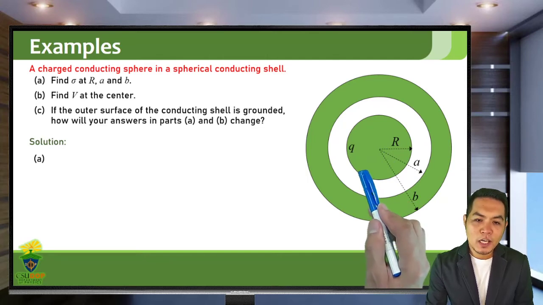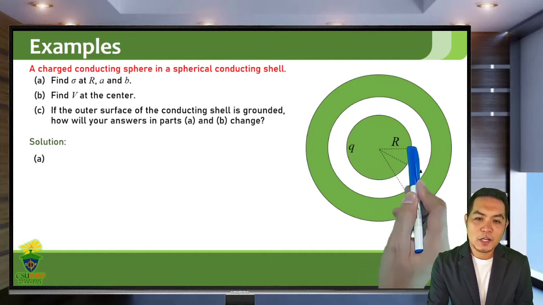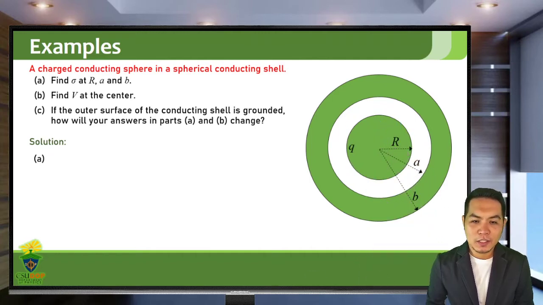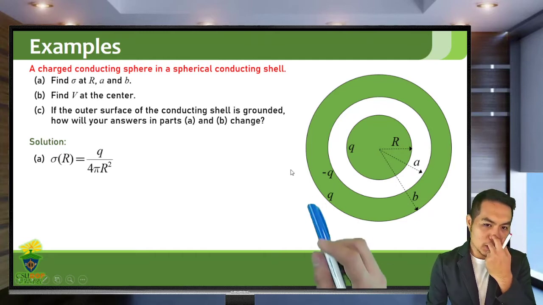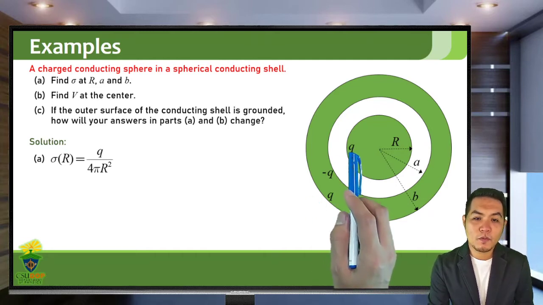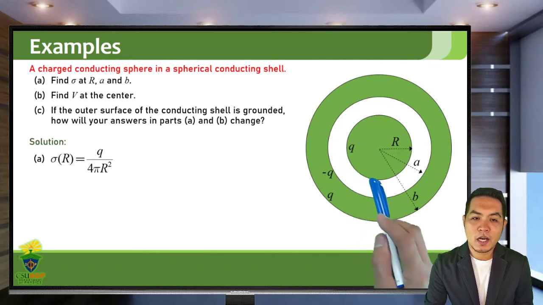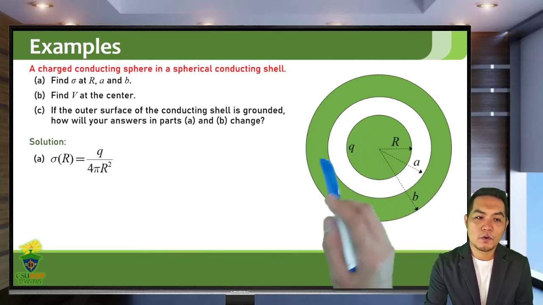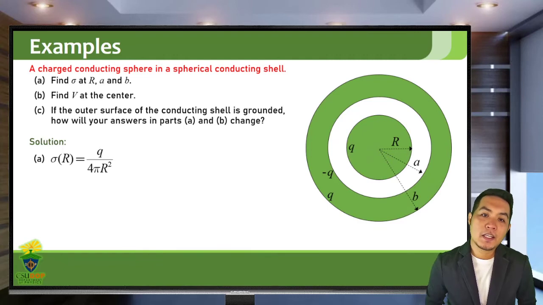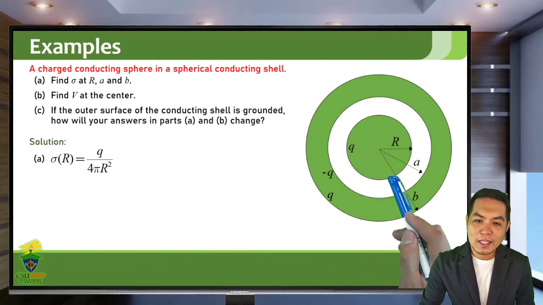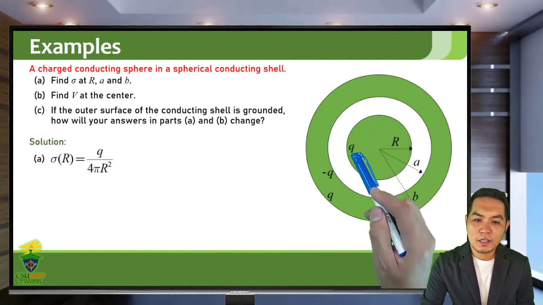Therefore the charge density, assuming uniform charge distribution, at r equals capital R will just be the total charge, which is Q, over the total surface area, which is 4 pi capital R squared. So this is the charge density on this surface here.